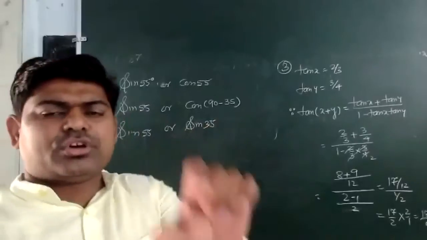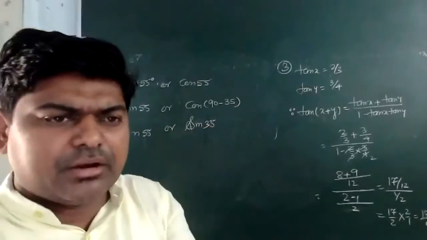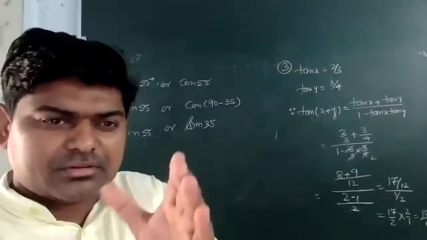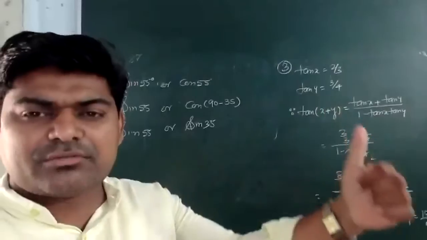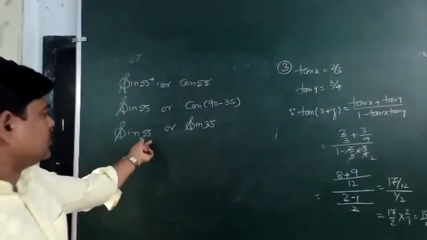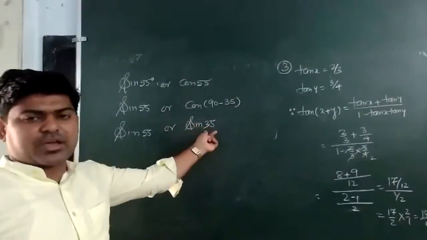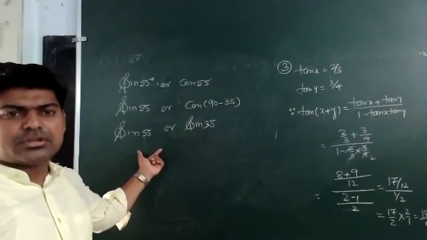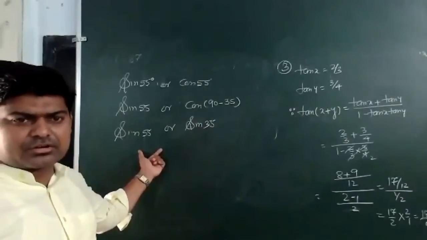As I told you, if the angle is acute, then sine will be in increasing form. Means for a small angle, sine will be smaller, and for a large angle, it will be larger. Now, it is 55, it is 35. Which one is the larger one? Sine 55, I think.